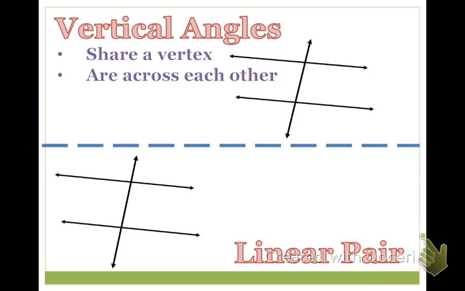So now we are going to highlight them. We have this angle, which would be vertical to this angle across. Okay, they only touch by a vertex. They don't have a wall directly between them. Then we have this angle and the angle directly across.